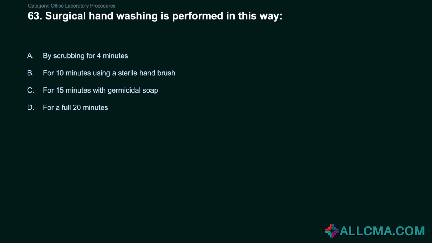63. Surgical hand washing is performed in this way: A. By scrubbing for 4 minutes, B. For 10 minutes using a sterile hand brush, C. For 15 minutes with germicidal soap, D. For a full 20 minutes. Correct answer, B. For 10 minutes using a sterile hand brush.